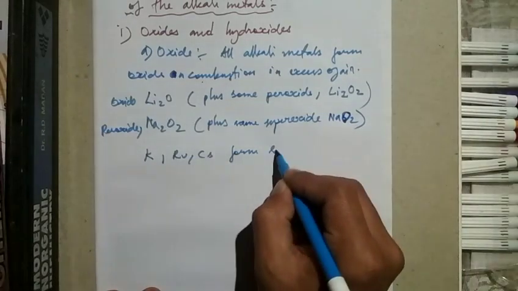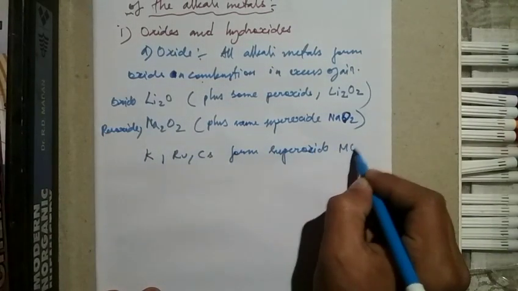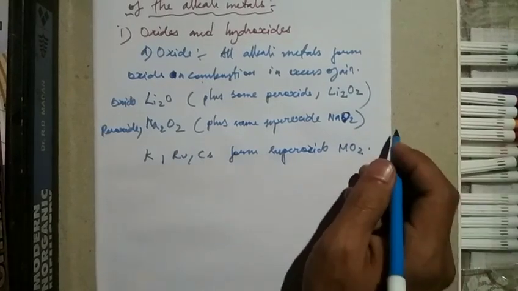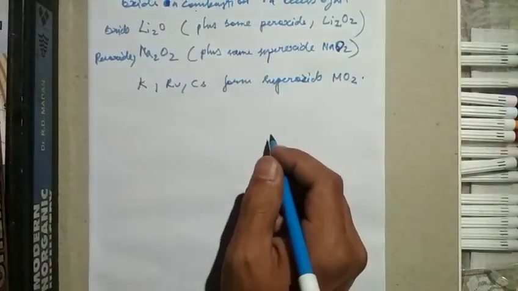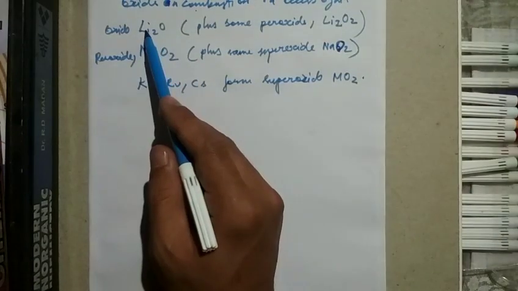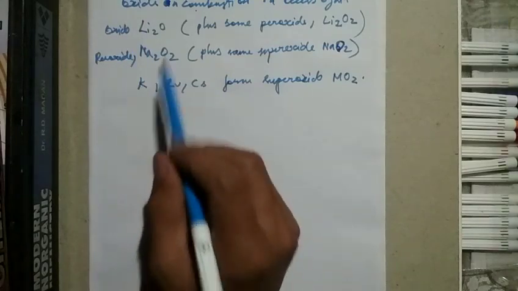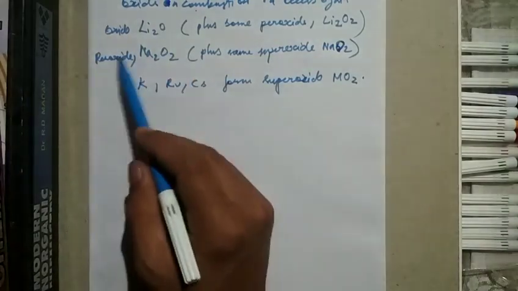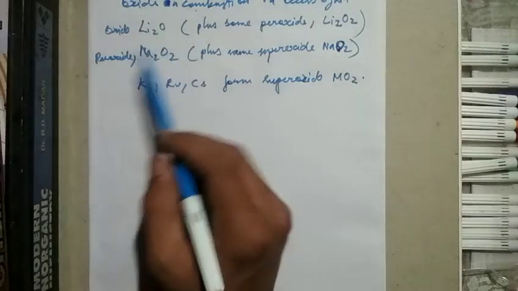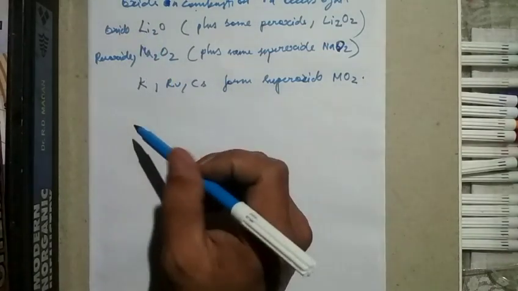Superoxide, MO2. Now lithium is small, that's why it forms the oxide, or we can say monoxide. Sodium forms peroxide because it is somewhat larger than lithium.